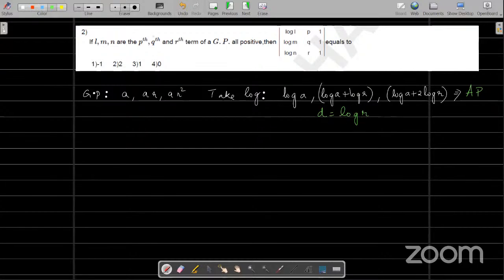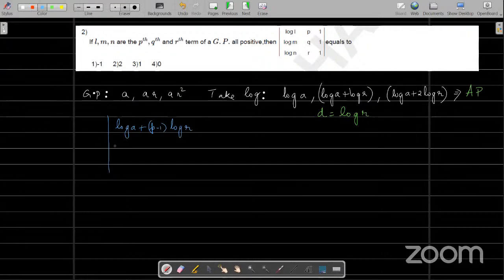So keeping this in mind, let's approach the determinant. So let's look at the log of L. Let us say log L is the pth term. So what will be the expression? It should be log A plus, for the pth term AR to the power of P minus 1, so therefore it should be P minus 1 into log R, where A and R are the first term and common ratio.